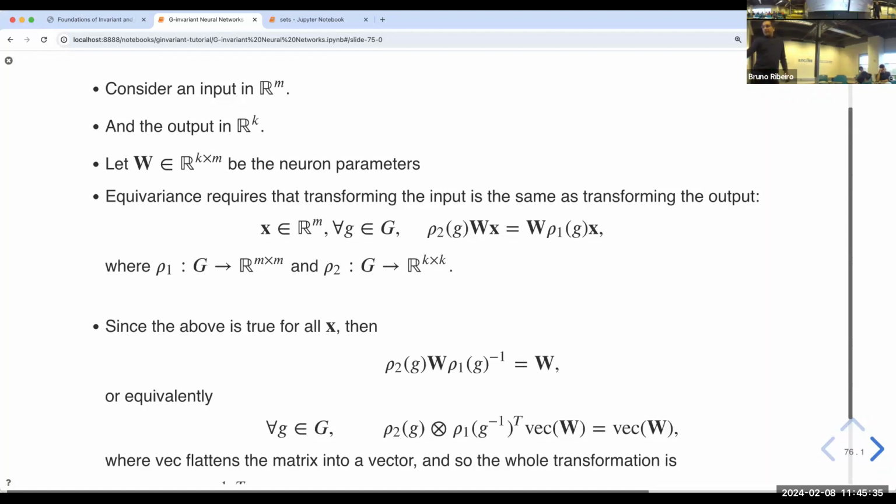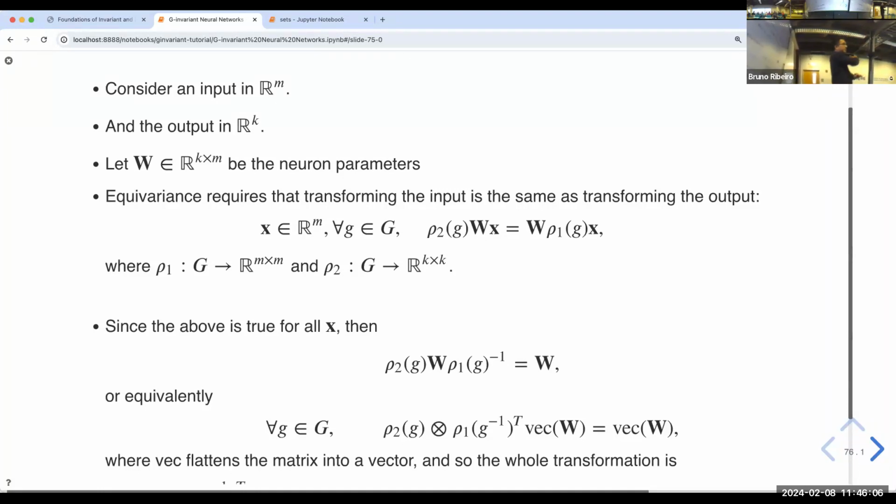And once I make it a vector, I can use a Kronecker product to define this equality as a matrix vector product. Okay, so this is the Kronecker product between this and the inverse. If these are linear, this is linear. It's a G-invariant on a larger space. Okay, now you know how to do a G-equivariant network, because that's it.